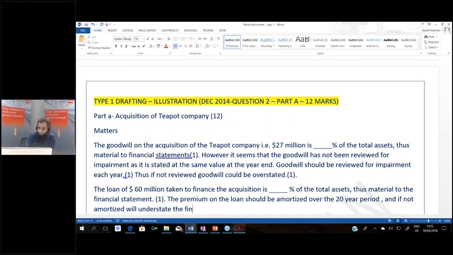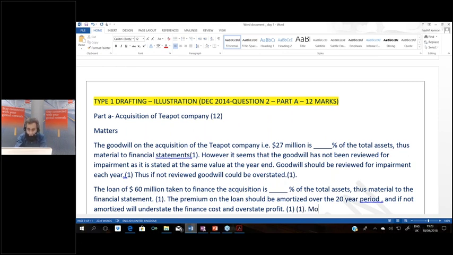And if not amortized, will understate the finance cost and overstate profit. So 1 mark for treatment, 1 mark for risk. You can still write further.